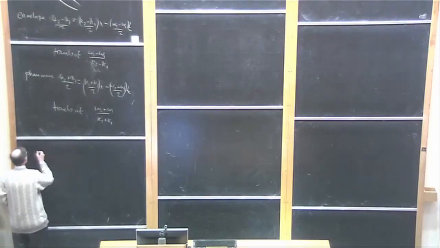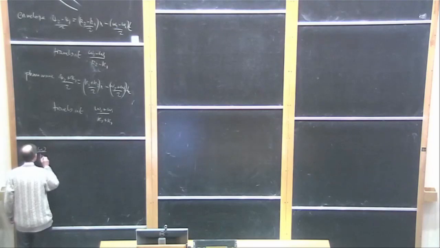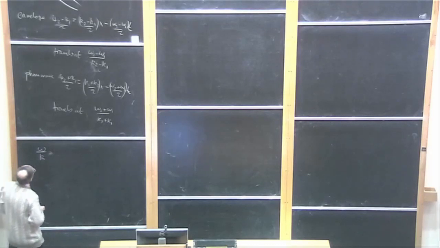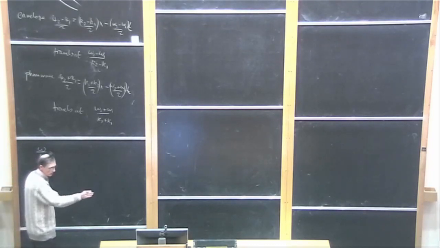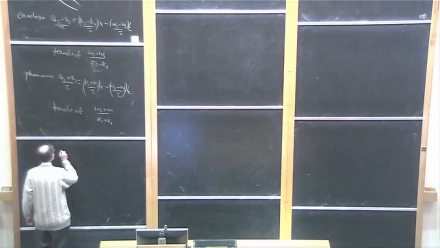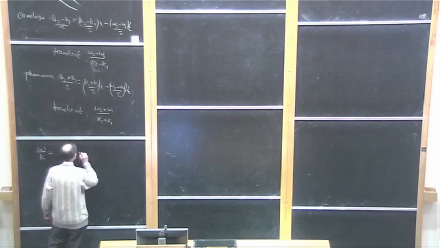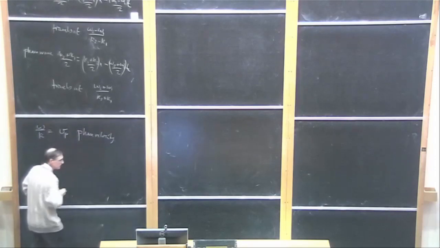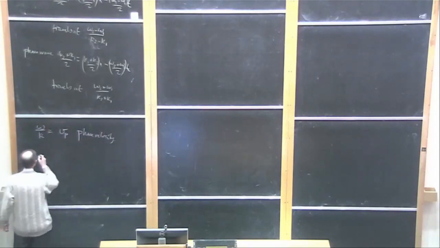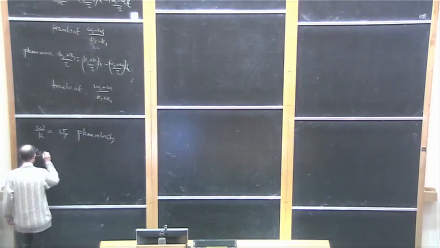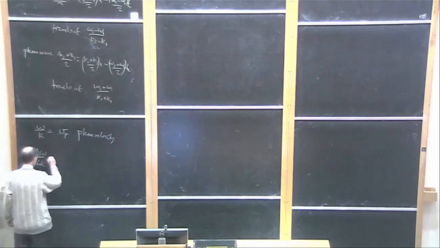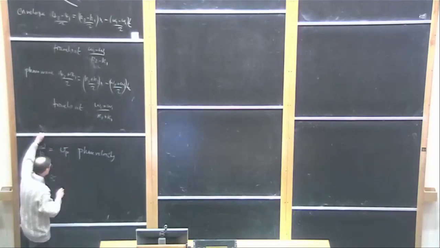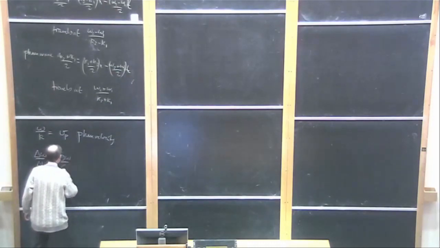So the ratio omega over k, which gives the travelling velocity for any of these waves, and is what gives the motion for the phase wave inside the envelope, is called the phase velocity, v phase. Whereas the envelope is moving at a different velocity, given by delta omega over delta k, which we're going to approximate by the slope at some average frequency, d omega by dk.